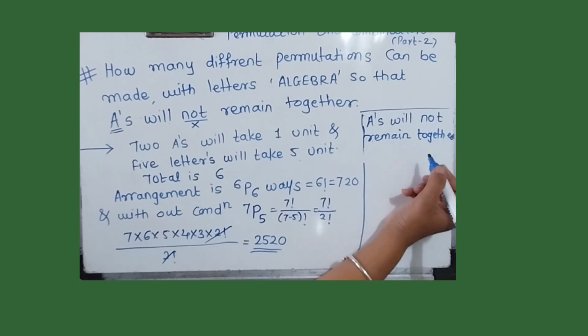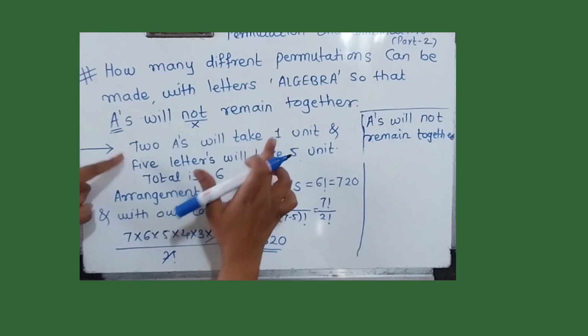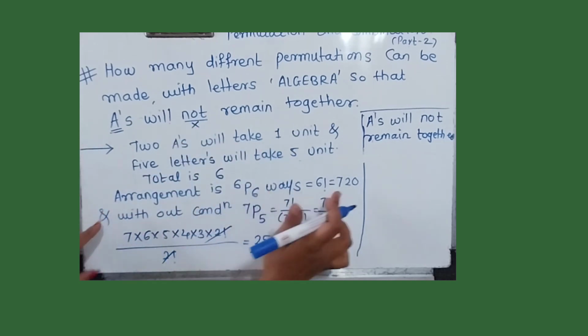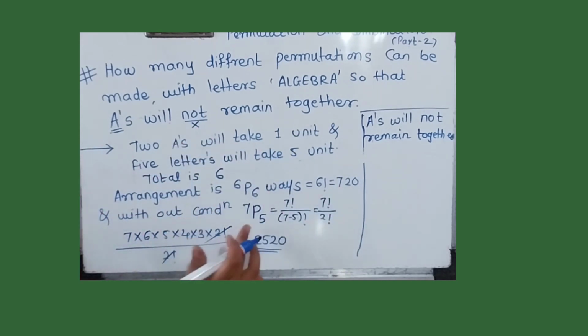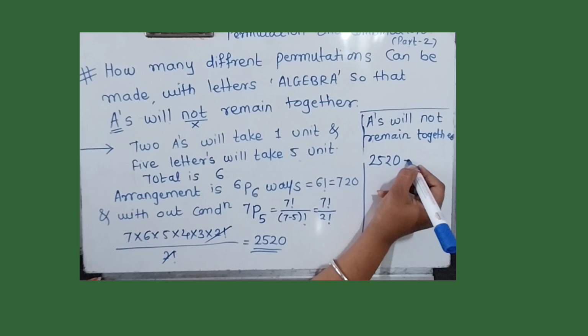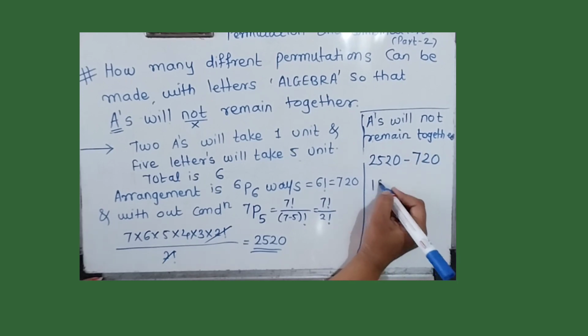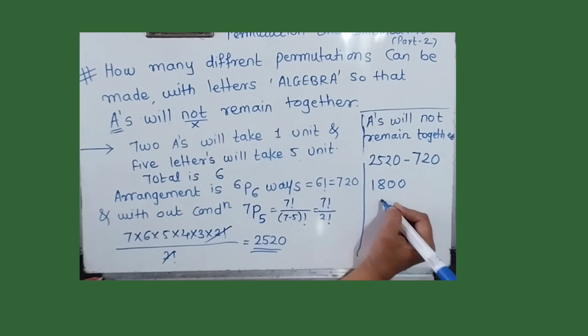So for that I use a trick. The answer when the A's are together is 720, and without condition the answer is 2520. So I write here 2520 minus 720. So the remaining is 1800 ways. This is my required answer. Okay, clear? Take a screenshot.